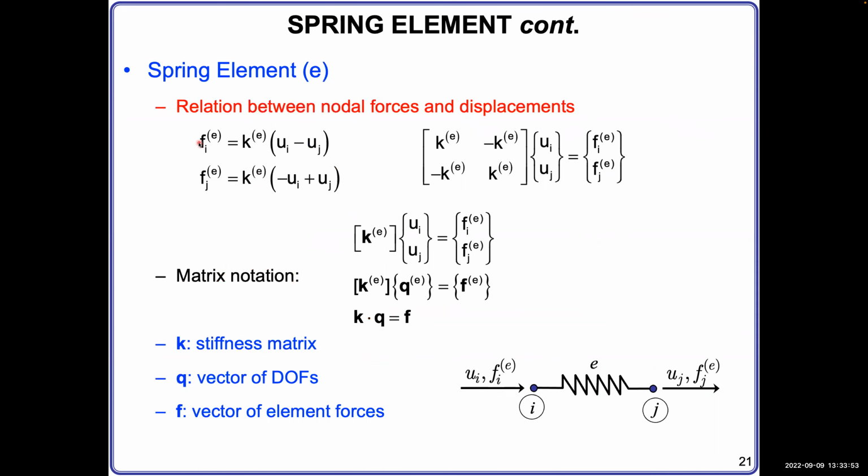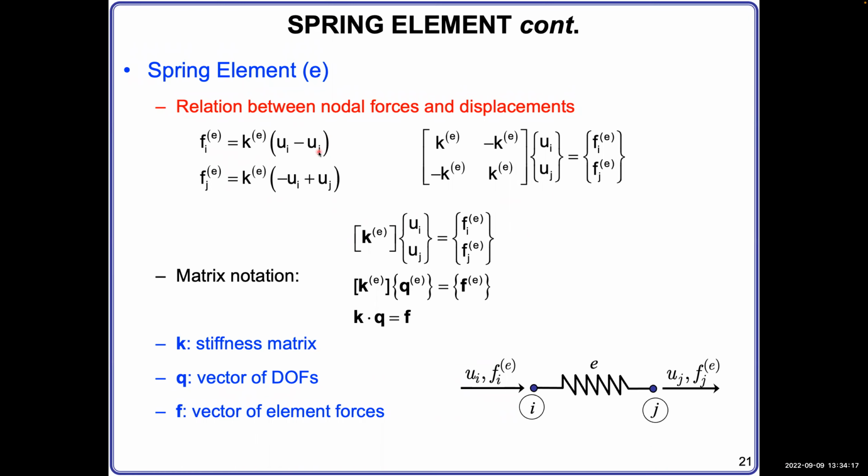So on the node I point, we have Fi equals spring constant times Ui minus Uj, because we stand on the point of I. So we look at Ui minus Uj, using J as a reference.